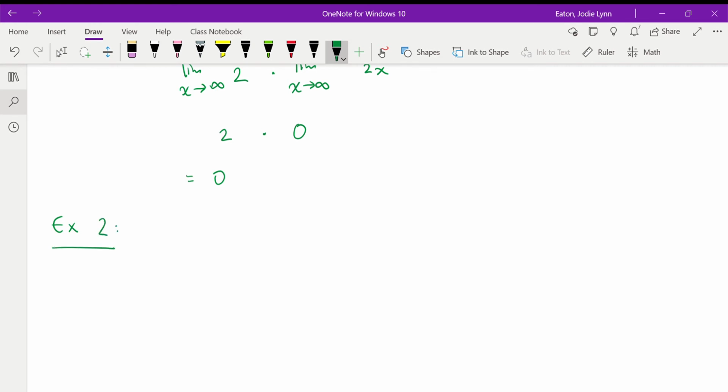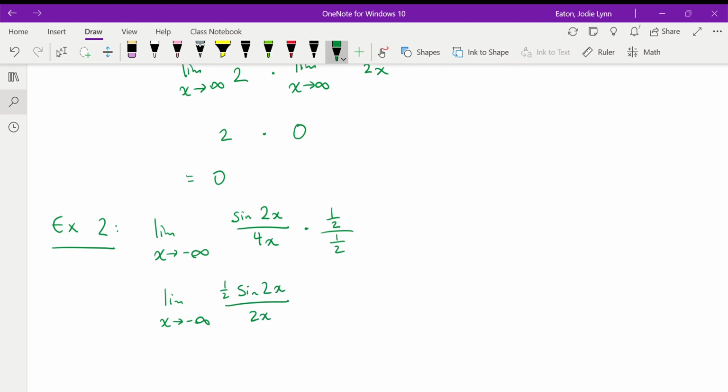Okay, the limit as x approaches minus infinity of sine 2x over 4x. Well, again, this is just a numerical one. We want the 4x to be a 2x, so I'm going to multiply numerator and denominator by 1/2, because I can always pull that 1/2 out in front. So this gives me the limit as x approaches minus infinity of 1/2 sine 2x over 2x.